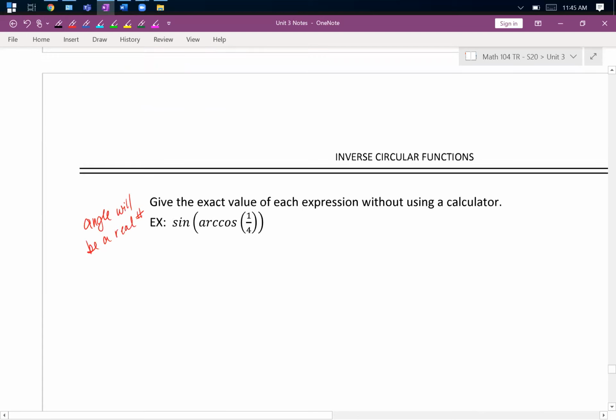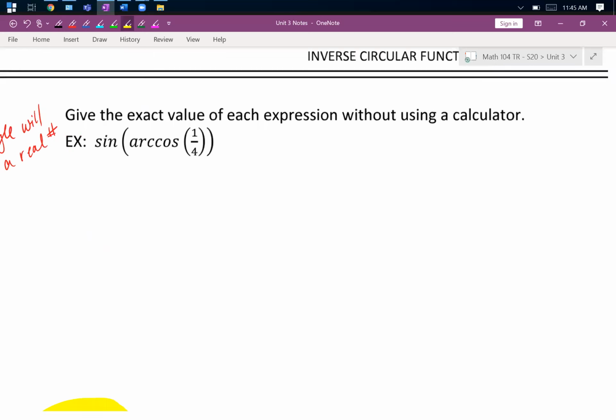All right. So we are going to start on the inside. They're saying, what's arc cosine of 1/4? Now, if that 1/4 was a half, square root of 2 over 2, or square root of 3 over 2, I would just grab the angle off of the unit circle. But since it's not one of our numbers off of the unit circle, what we're going to be doing instead is creating a triangle to reference.